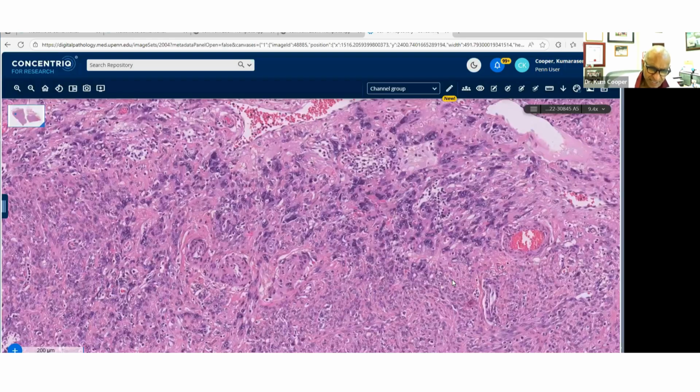So when we think about these stains that we now use for immunoreactivity, whether it's present or not, like RB1, MMR, the terms you want to use are intact, absent, or loss. Don't use positive and negative because it's confusing. So you want to say it's intact or loss, or deficient. Whatever terms you use, stay with it, so your clinicians get used to it, your surgeons get used to it.